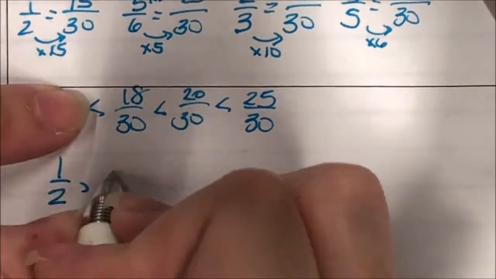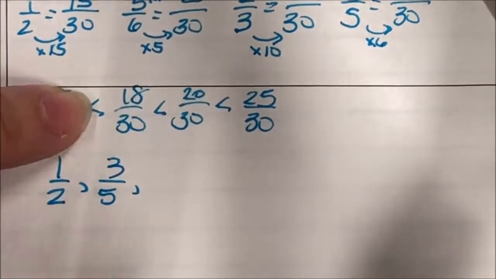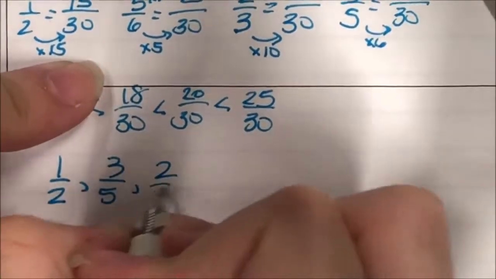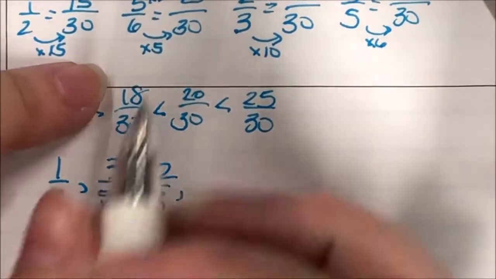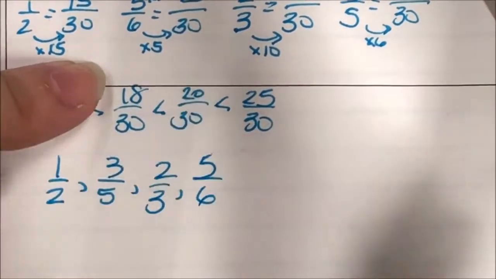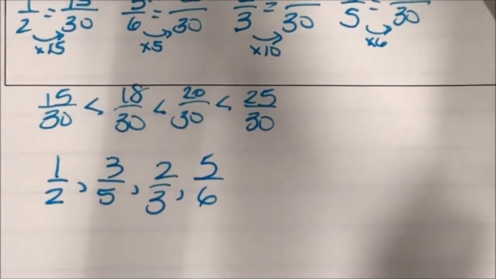Then the 18/30 was 3/5. The 20/30 was 2/3, and the 25/30 was 5/6. So I have 1/2, 3/5, 2/3, and 5/6.